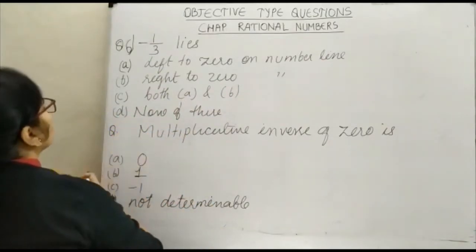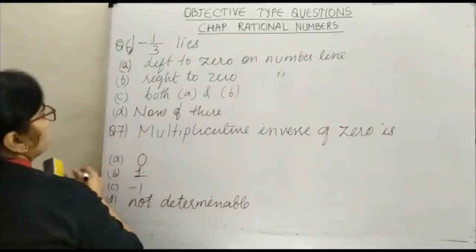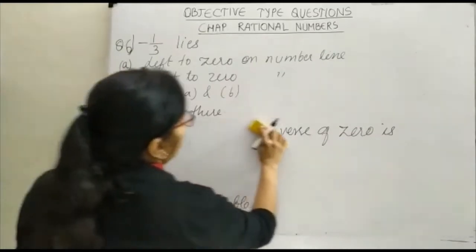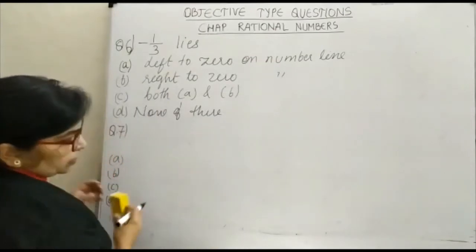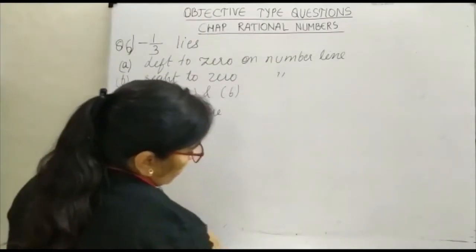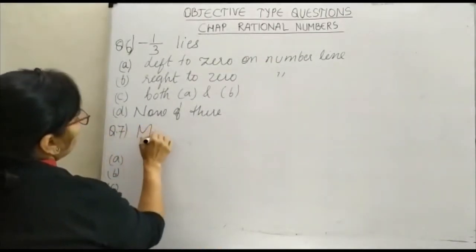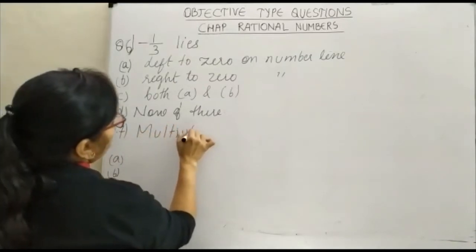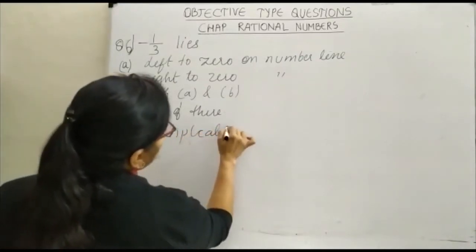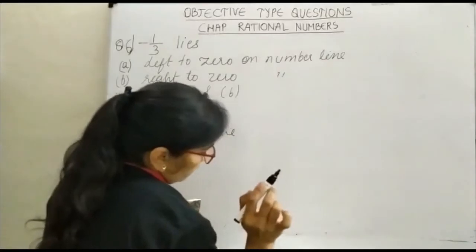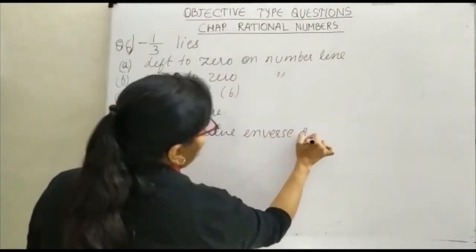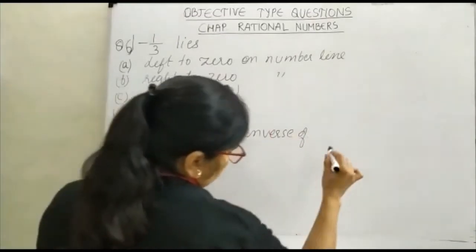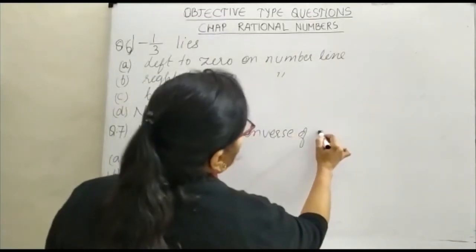Then coming to question number 7. Your question number 7 is: multiplicative inverse of a negative rational number is.